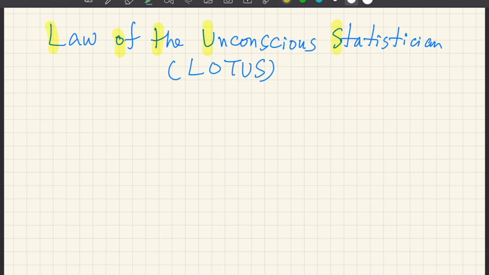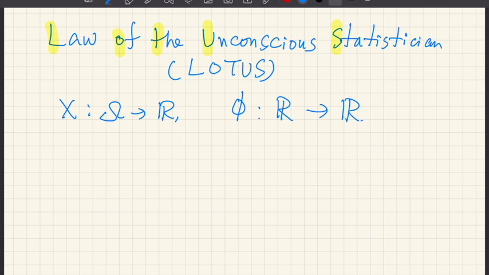That is, if we have a random variable, and if we have a function, let's say from real to real, then we can define a new random variable, let's say Y, by this. So we plug this random variable into this function to define a new random variable here.